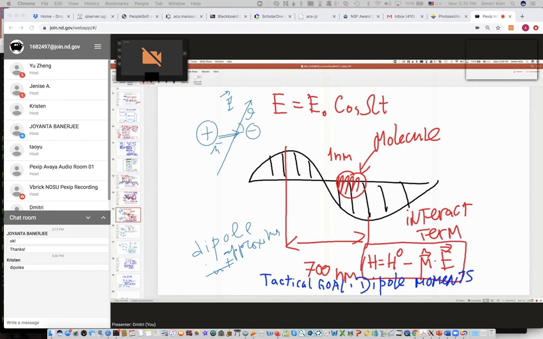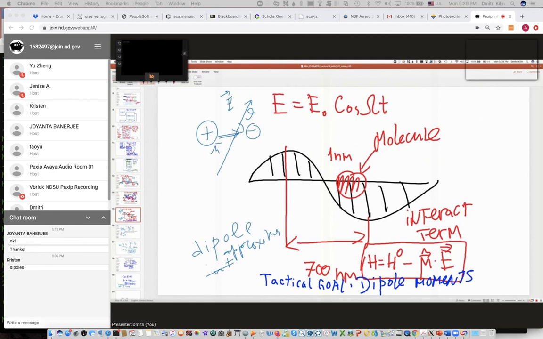Okay. And I see that Kristen unmuted the microphone. Do you have a comment? I was just going to ask if dipoles would come into effect with the electromagnetic field. Yes. Thank you. So even in neutral molecules, we have positive and negative charges that can be displaced in space, and then the electric field will act on a dipole and make it rotate, right?